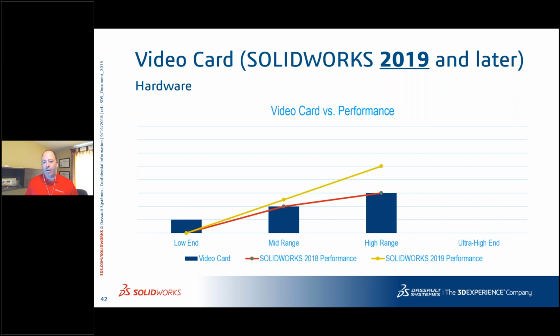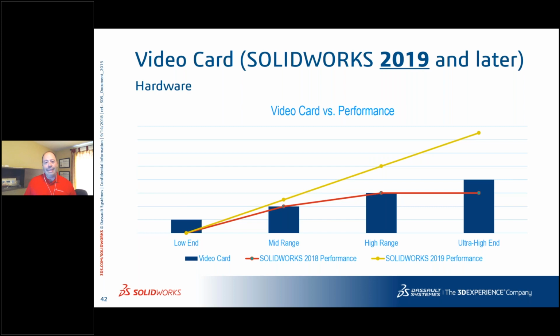So the graphics are rendered quicker. The other benefit with 2019 is that if you invest in that ultra high-end video card, we're now going to be able to tap into the extra horsepower that you have in the GPU.